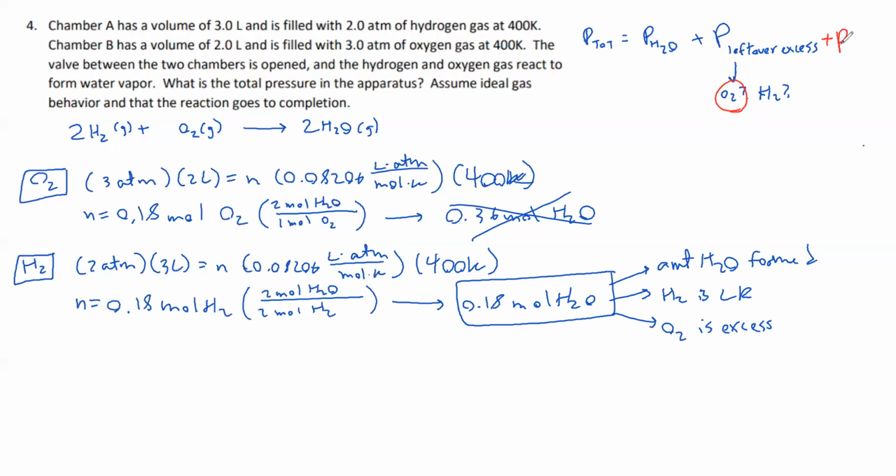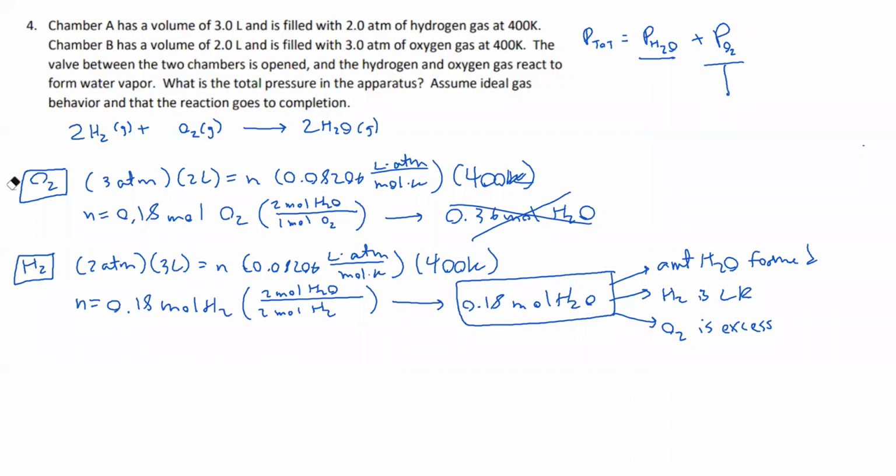We can't write pressure of hydrogen in here because hydrogen was a limiting reagent. It was all used up. It doesn't exist anymore after the flask is opened and the chambers are connected. So if we can go and update this, we know that the leftover gas, sorry, I wrote leftover excess, leftover gas is what I meant, because leftover excess is redundant. Okay, cool. So now we just need to find the pressure of water and the pressure of O2.